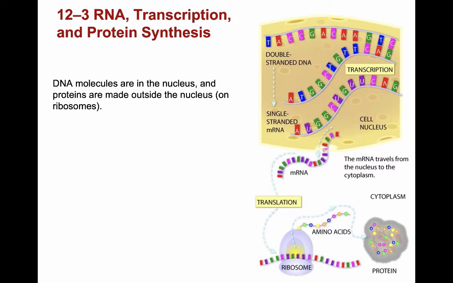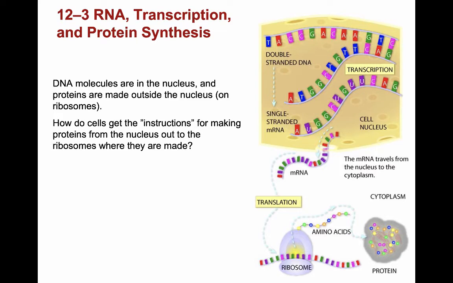We've got our recipe book for being a living thing, for being a human in our case, stored in the nucleus. We want to keep those instructions, those chromosomes, safe in the nucleus. But the machinery, the factories for making proteins are out in the cytoplasm. Those are the ribosomes. So how do we get the instructions for making proteins from the nucleus to the ribosomes?